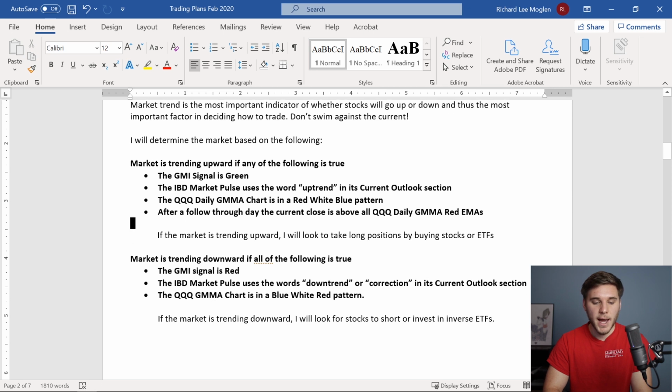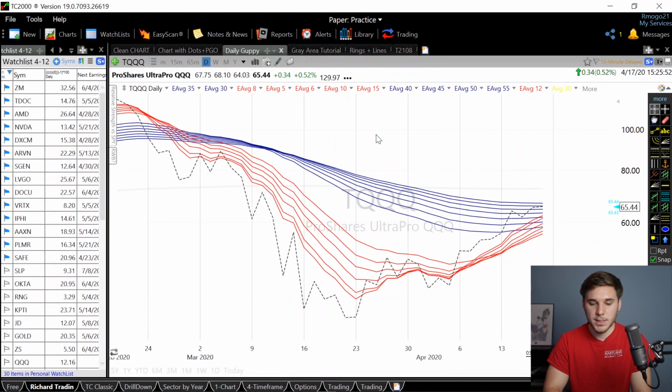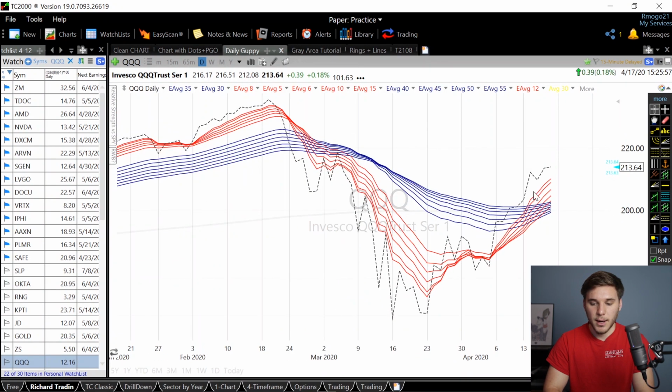And finally, the last thing that determines the market trend is if we've had a fall through day and the current close is above all QQQ daily GMMA red EMAs. So we have had a fall through day, and this is actually the TQQQ. You can see that we are now above all the red EMAs, and we actually started that right here.